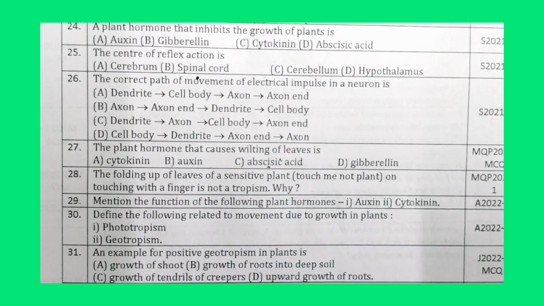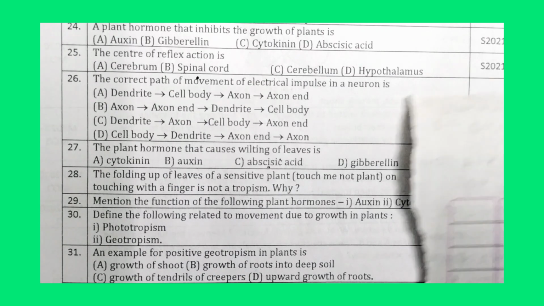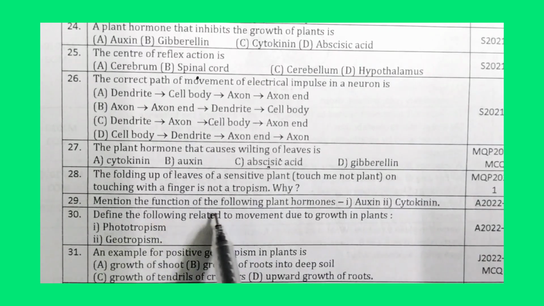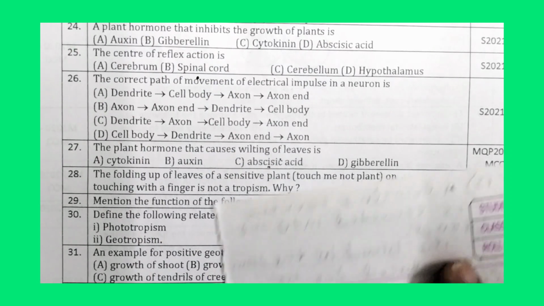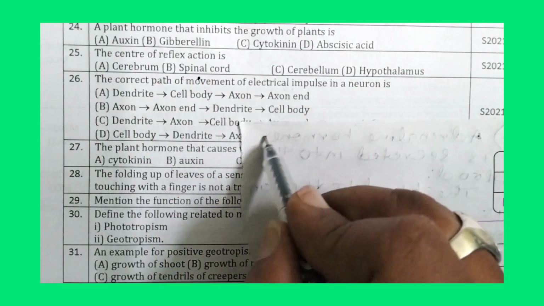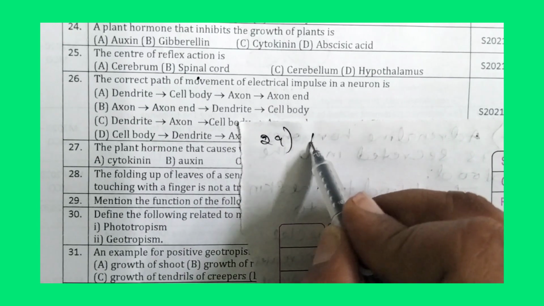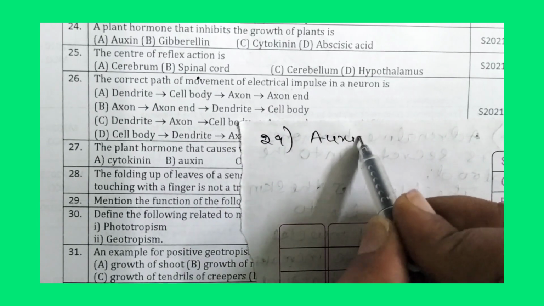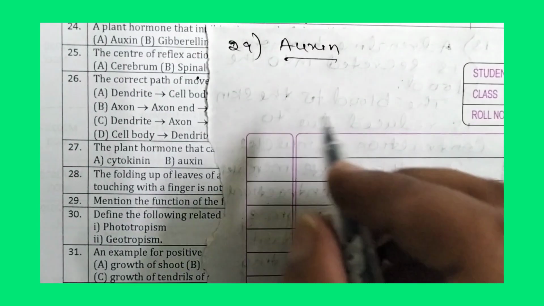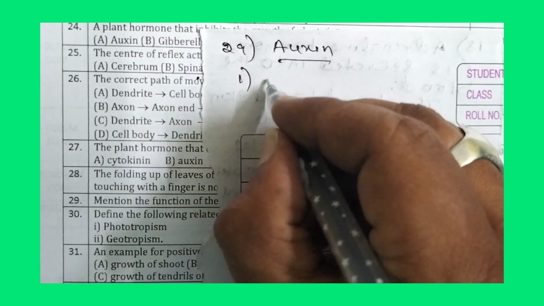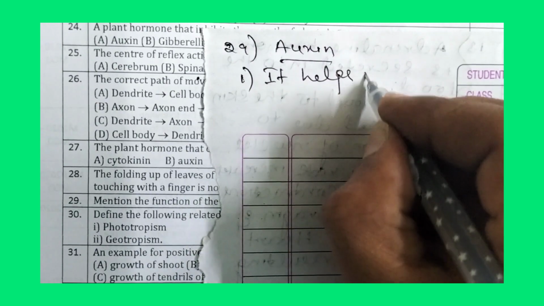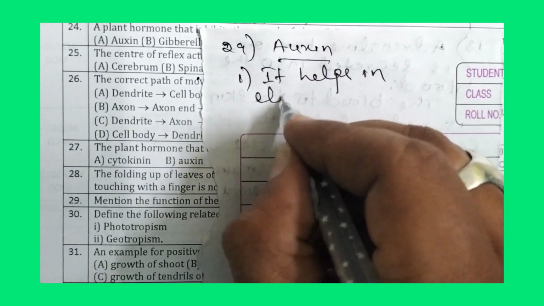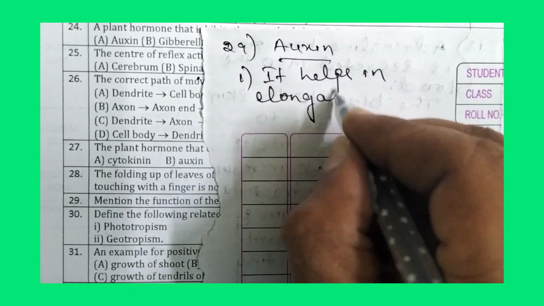Now let us move to the 29th question, mention the function of the following plant hormones, auxin and cytokinin. First, the function of auxin. The first function, it helps in elongation of cells.